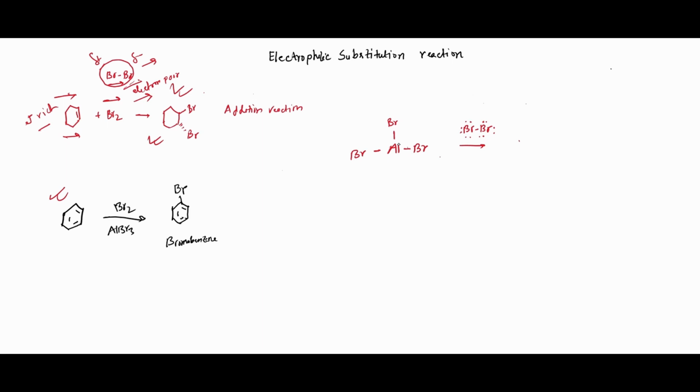And this aluminum can accept electrons. So let's say that this bromine molecule is donating electrons to this central aluminum, because this bromine molecule can act as the Lewis base. So Lewis base is just the opposite of Lewis acid, which can donate electrons. So when it's donating, we are forming a complex.